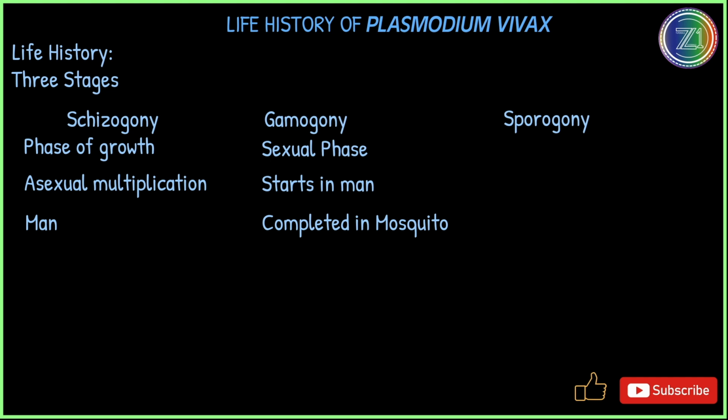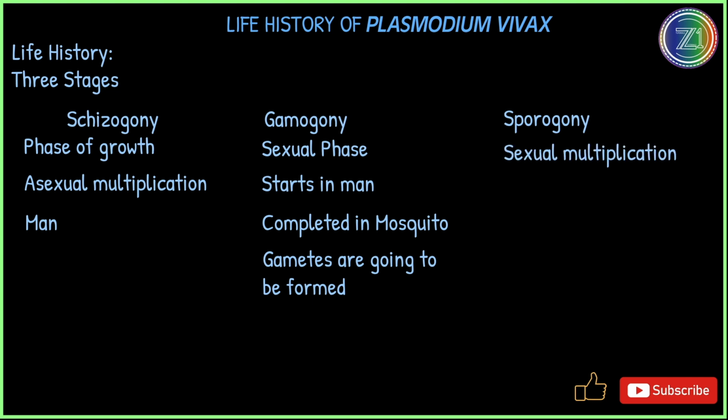Gamo means gametes, so in this particular stage the gametes are going to be formed. And lastly is the sporogony, the phase of sexual reproduction again, sexual multiplication, which takes place only in the mosquito, right? So this is just a brief information about the three phases.